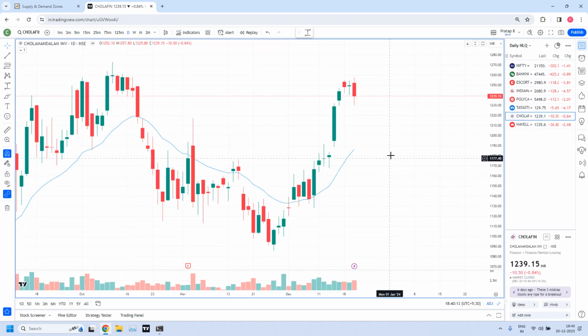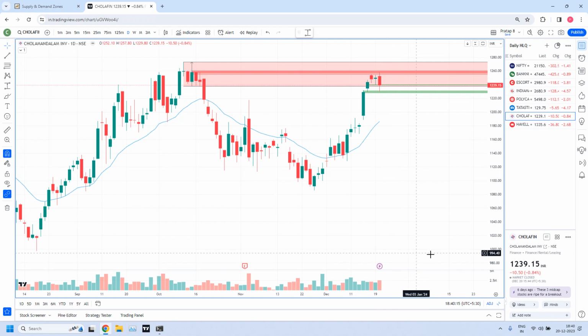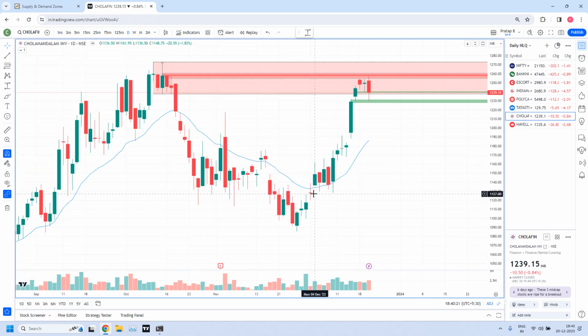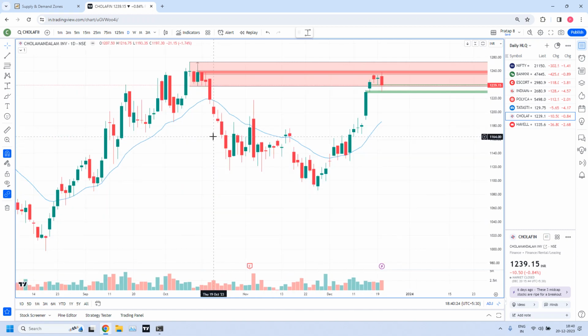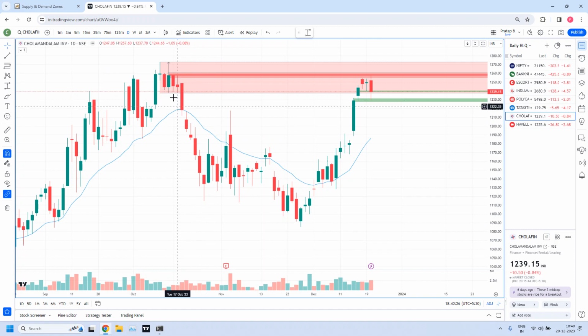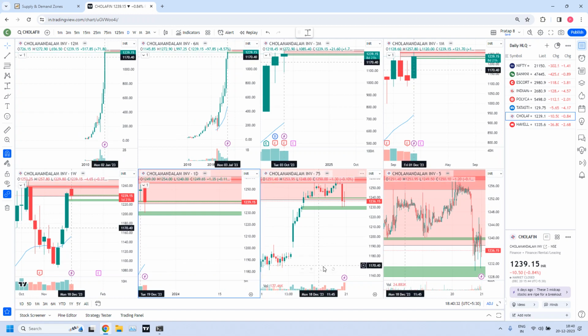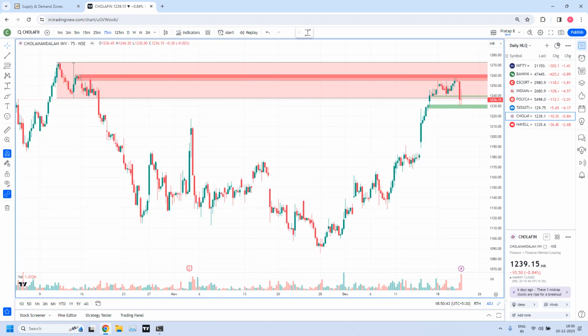So I am opening the chart, and this is the daily high liquidity zone. Inside it we have a 75-minute high liquidity zone.